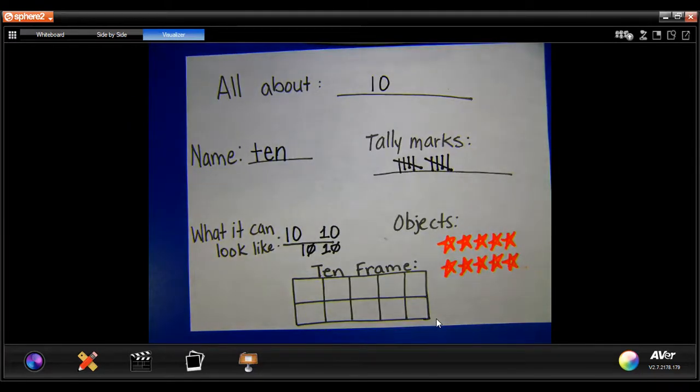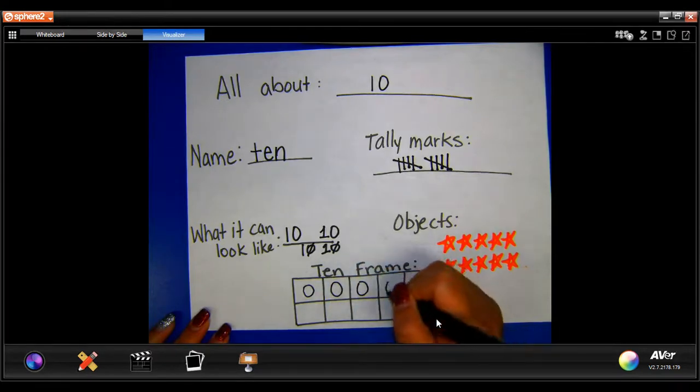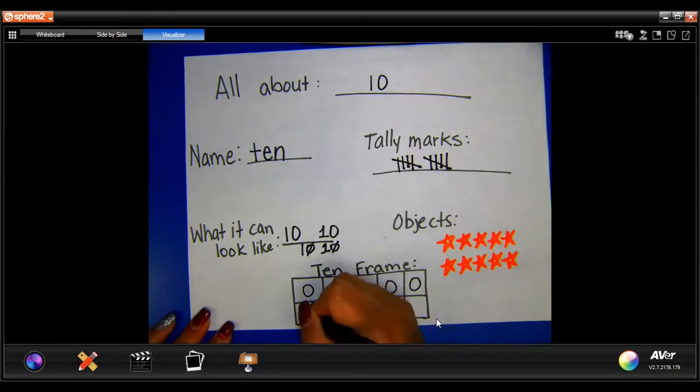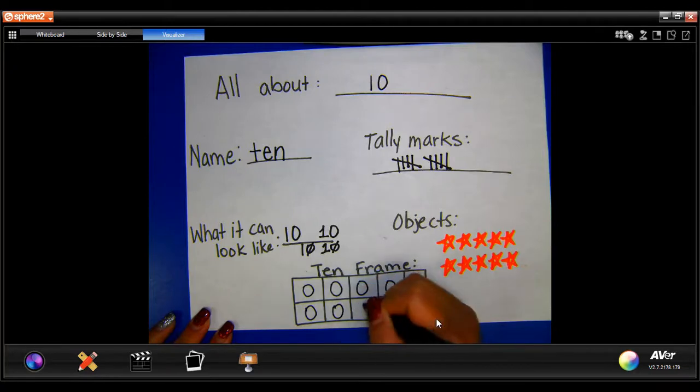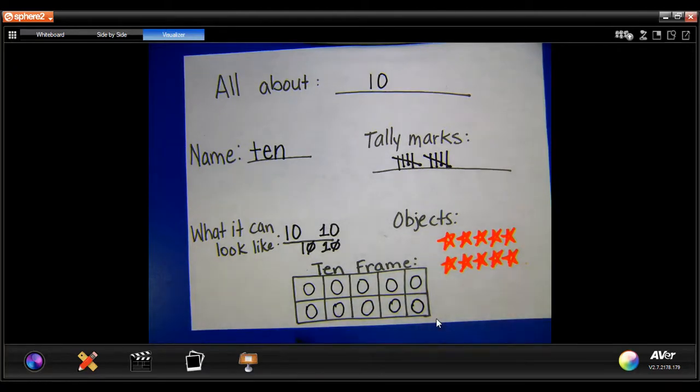Now we're going to our 10 frame, and we're going to do 10 circles in our 10 frame. 1, 2, 3, 4, 5, 6, 7, 8, 9, and 10. Our 10 frame is full because it had 10 squares, and now we have 10 circles.